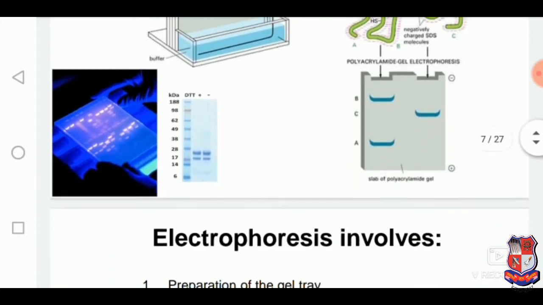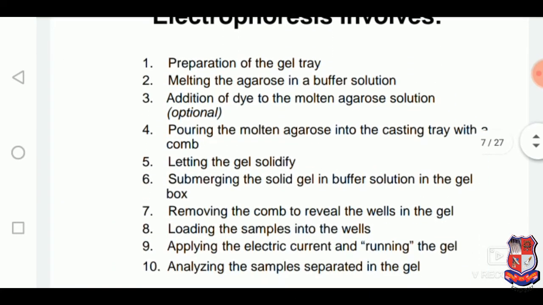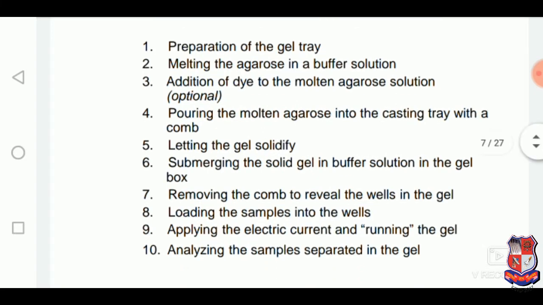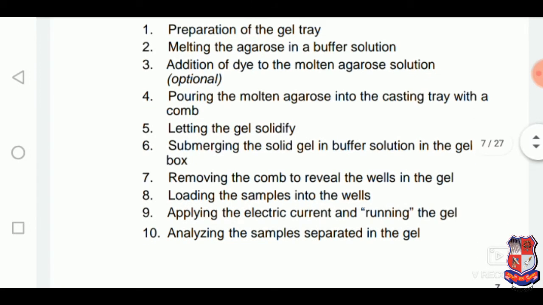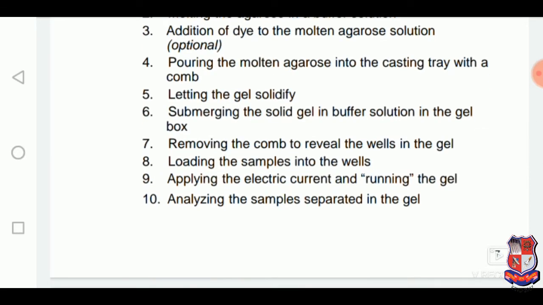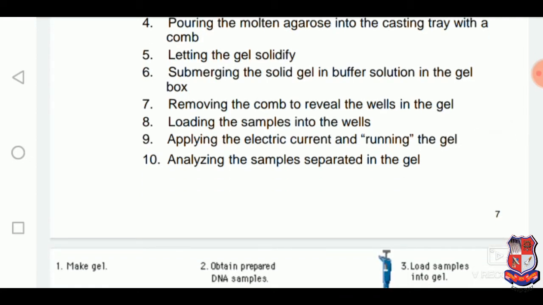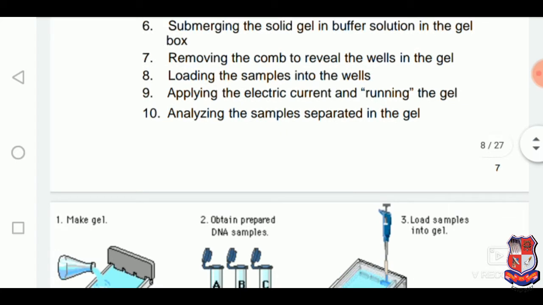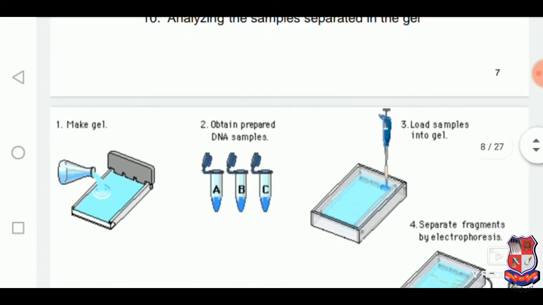so that it will become an individual entity and get separated accordingly. So electrophoresis involves preparation of the gel tray, melting the agarose in a buffer solution, addition of dye to the molten agarose solution, pouring the molten agarose into the casting tray with a comb, letting the gel solidify, submerging the solid gel in buffer solution in the gel box, removing the comb to reveal the wells in the gel, loading the samples into the wells, applying electric current and running the gel, analyzing the samples separated in the gel.